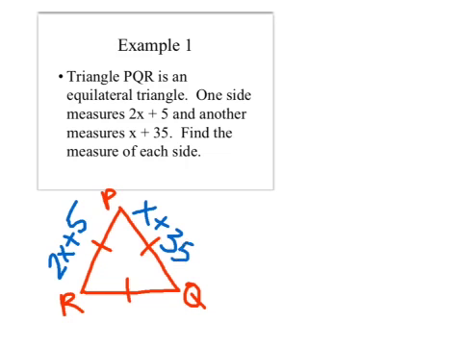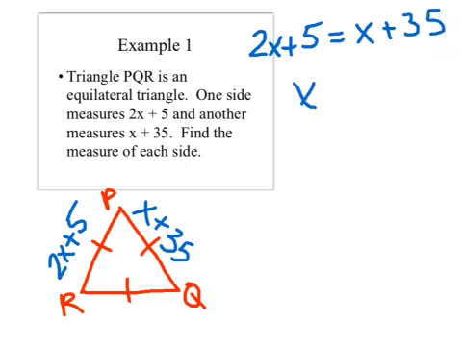Since it's an equilateral triangle, these two sides are equal to each other, so we can set up an equation stating that they are equal. So we can say 2x plus 5 equals x plus 35. And solve from there, so we get that x equals 30.